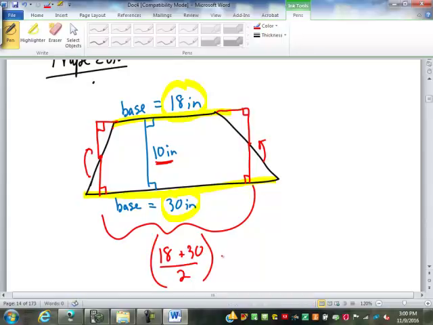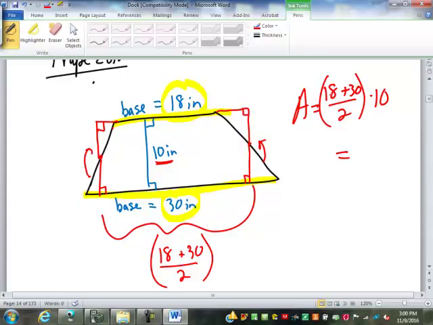To find the area, it's that average of the bases, 18 plus 30 divided by 2. That gives us the length of our rectangle, times our height of 10. So 18 plus 30 is 48. Now, if you're doing this on your calculator, by the way, a word of advice.